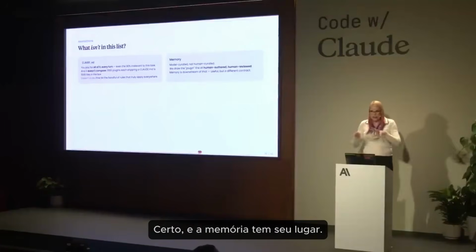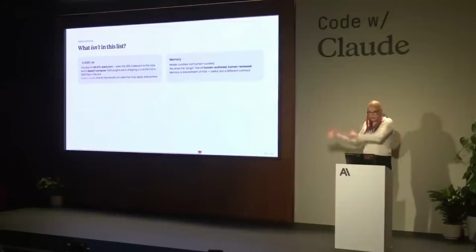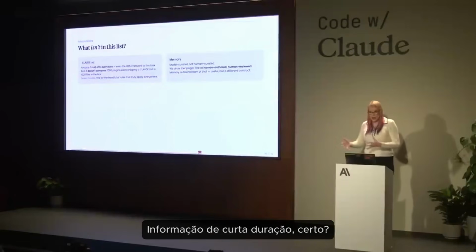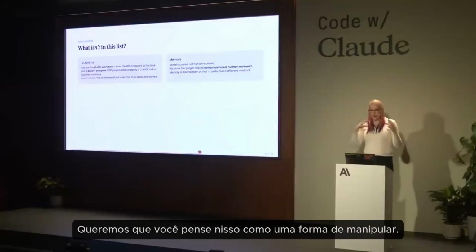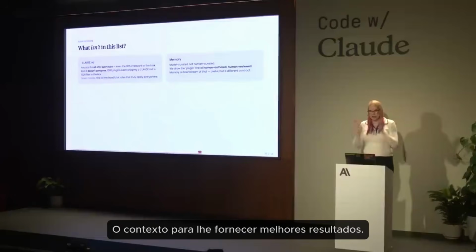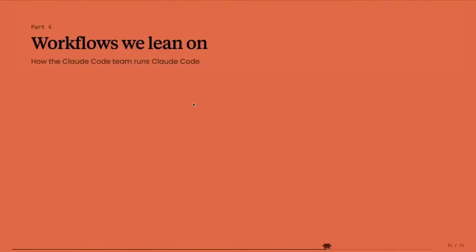And memory has its place. It's kind of low quality, low cost, short-lived information. Whereas these plugins, we want you to think of as a way to manipulate the context into giving you better results. So memory doesn't really fit into this category either.